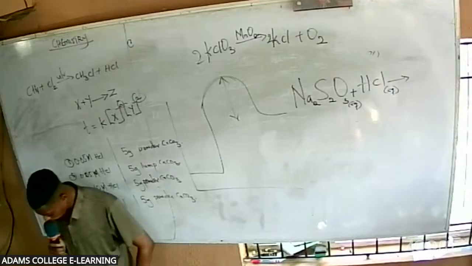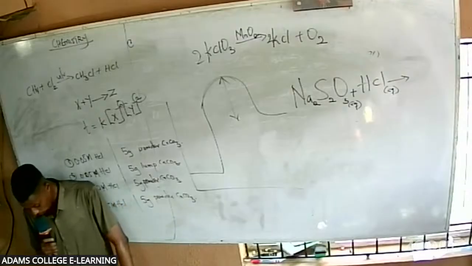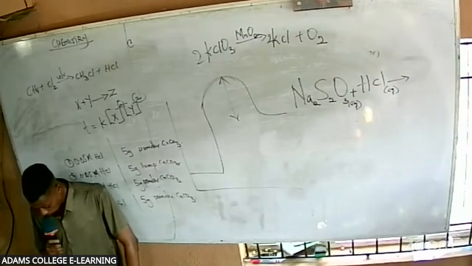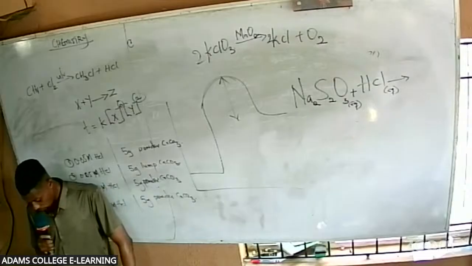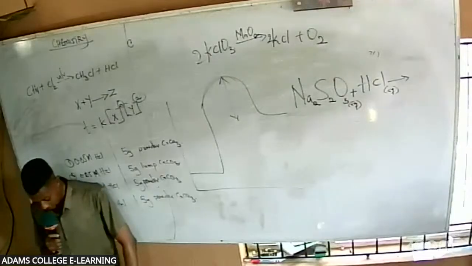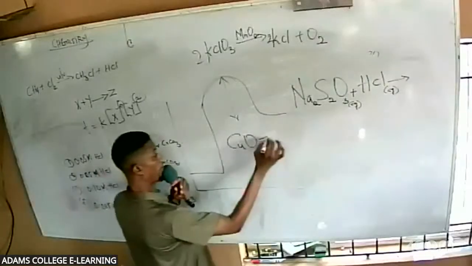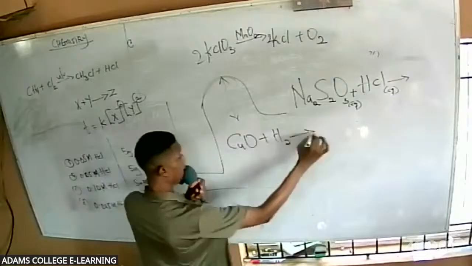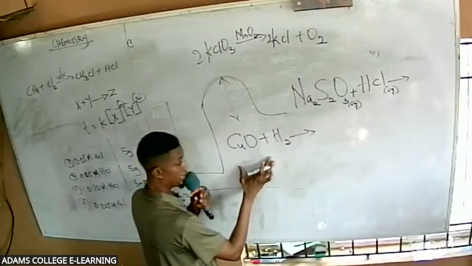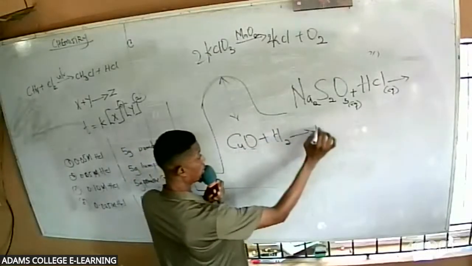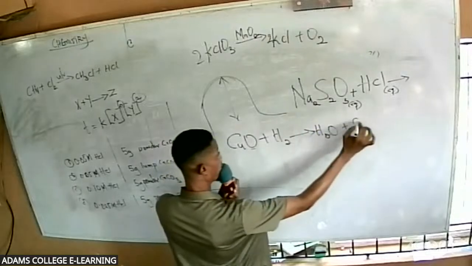Now we look at the question. Which of the following remains unchanged when combined with hydrogen? Normally if you have a reaction like copper oxide plus hydrogen, the hydrogen acts as a reducing agent, collecting the oxygen to become H2O, and then we have copper, right?